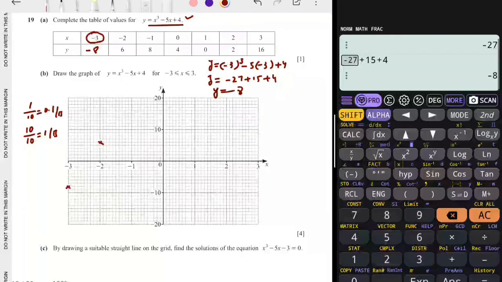Now against minus 1, 8, and against 0 there is 4, 1, 2, 3 and 4. Against 1 there is 0, and against 2 there is 2, 1 and 2, and against 3 there is 16, so it would be here 1, 2, 3 and 4. Now we'll get a smooth curve.